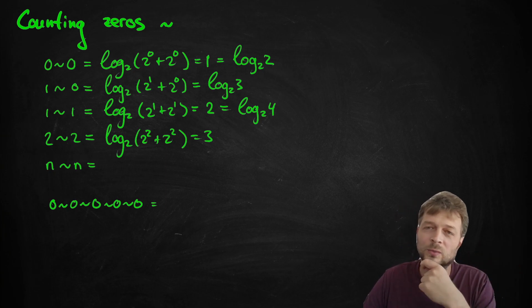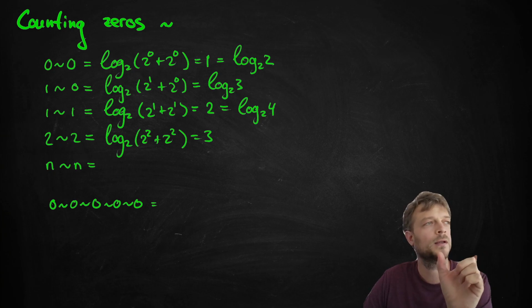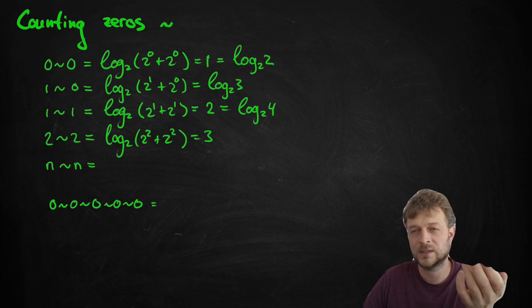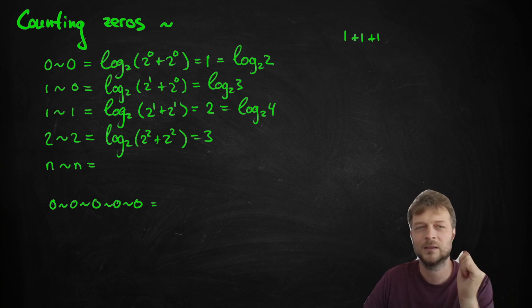let's go back to the plus operation. For plus, the minimal unit that we sum is 1. 1 plus 1 plus 1. That's how we count objects. One object is 1.